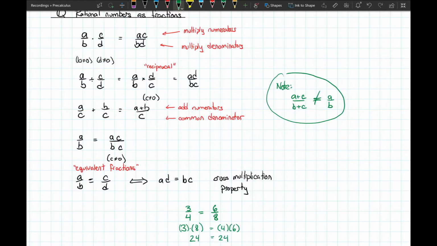Now, if you try to cross multiply and the two sides are not equal, then you must not have had equivalent fractions.